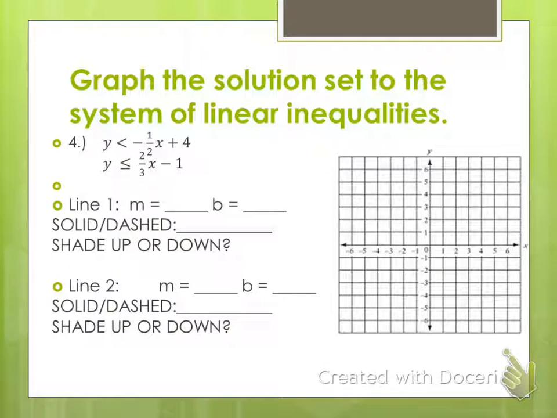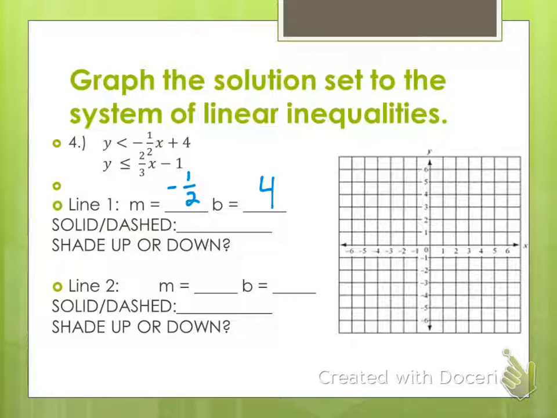All right, so we are on to number 4. Looks like most people had enough time to get 4, 5, and 6 done. So we'll just pull sticks and go through them. On number 4, Danielle, what did you get for M and B? -1/2 and beautiful.